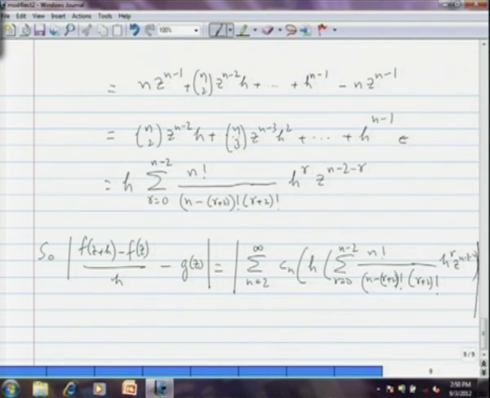Okay, please bear with me, there is a parenthesis there, and then an additional parenthesis and an absolute value sign.